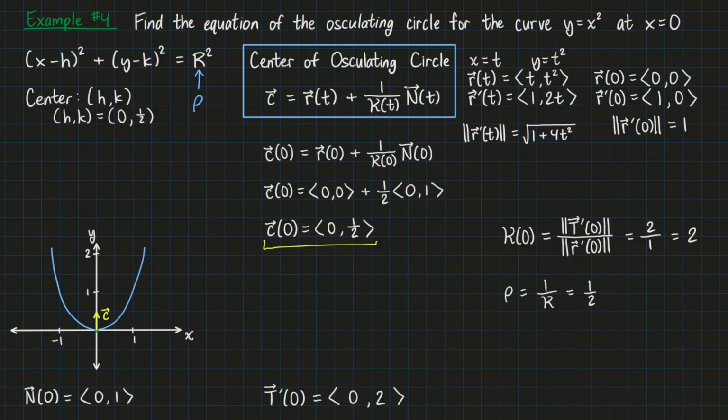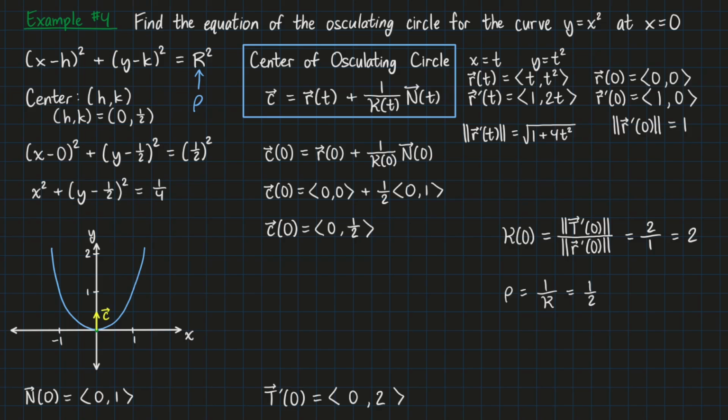So the equation of the osculating circle for the curve y equals x squared at x equals 0 is x squared plus the square of (y minus 1/2) equals 1/4. And in orange, here is the osculating circle at x equals 0.